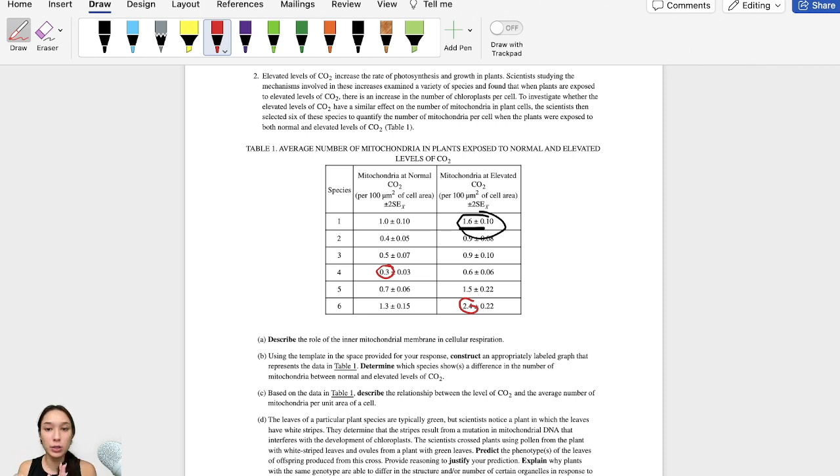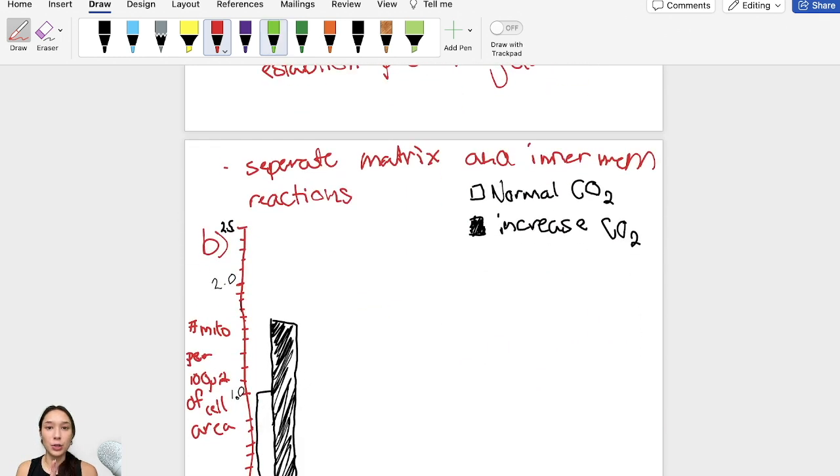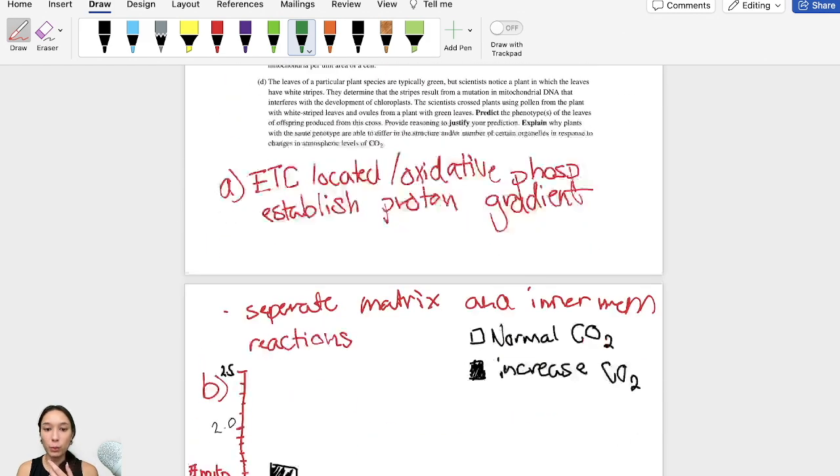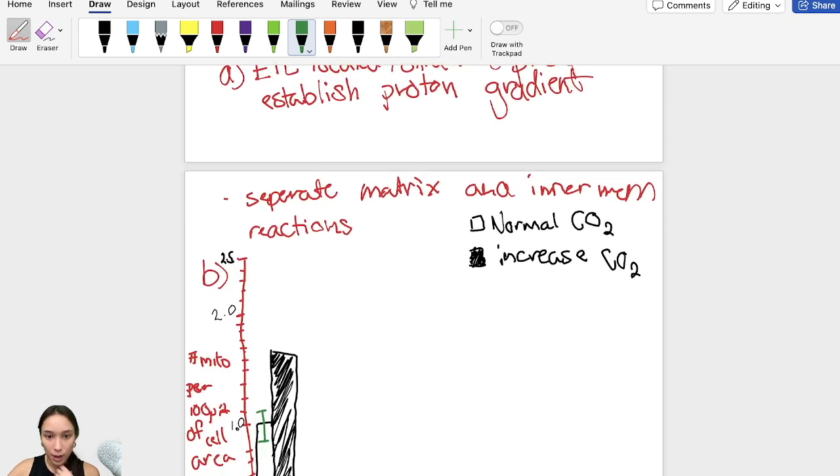So as long as it's close to a 0.1 error bar, then you should be good. I'm going to do my error bar in a different color just so we can see. The error bar for this one was 0.1, meaning it could be 0.1 higher or 0.1 lower. So I'm going to go up by 0.1, and then I'm going to go down by 0.1, like that. The second one, it's also going to be 0.1, so I'm going to do the same, up by approximately 0.1, and then down by approximately 0.1.